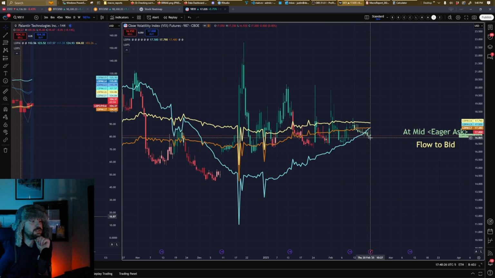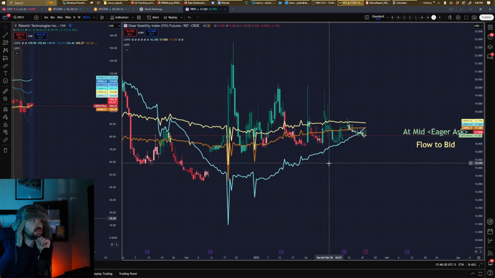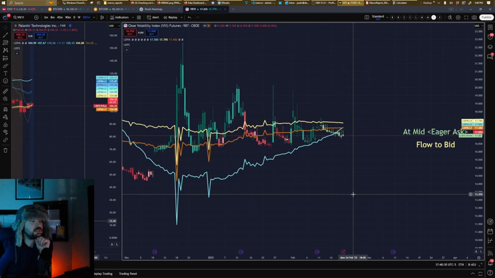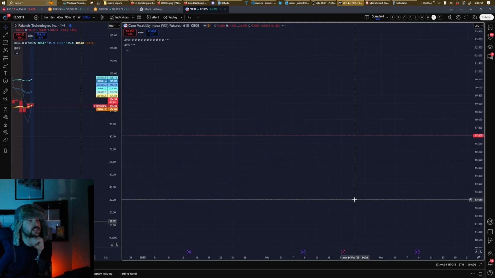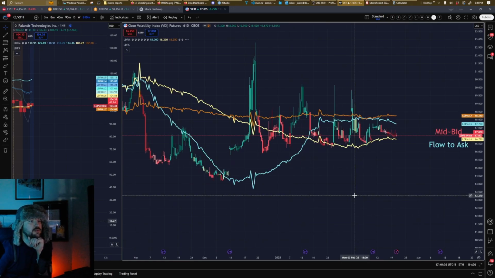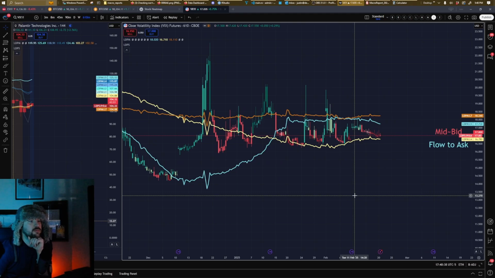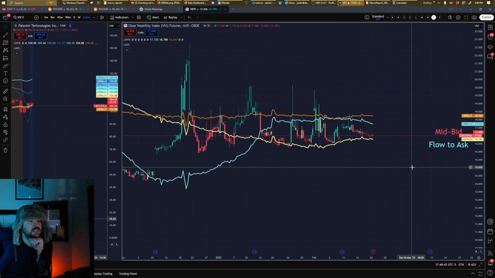So I think eager would be my go-to, right? So I would probably do eager. I wonder if 610 is a little better. All right, so we're testing the floor, 1678. History is telling us that we tend to spike up to LDPM 5, which is currently at 1770, 1773.